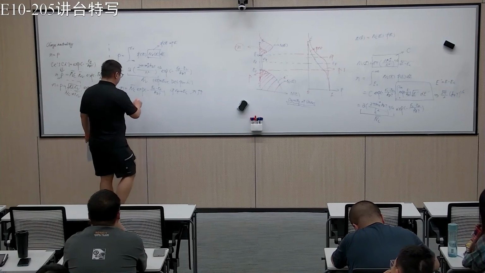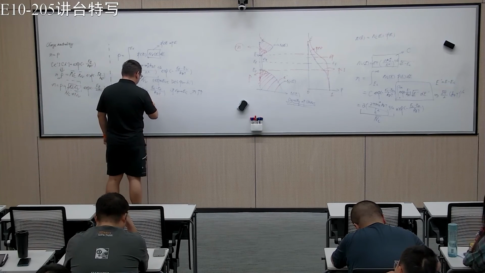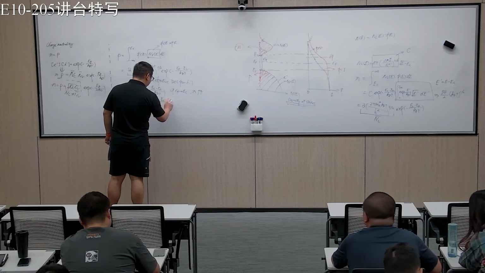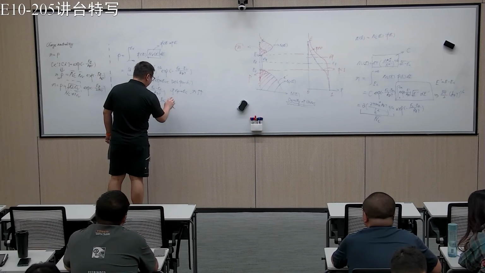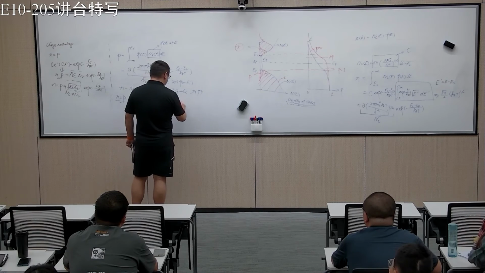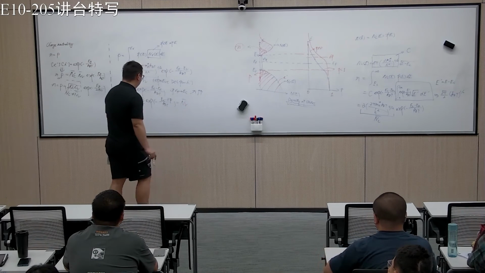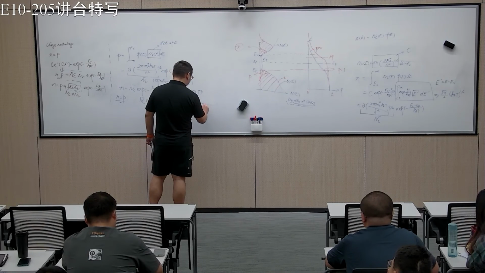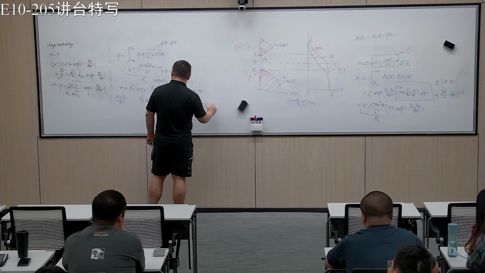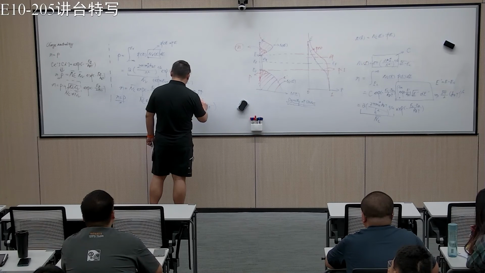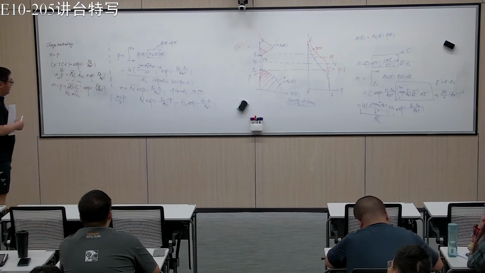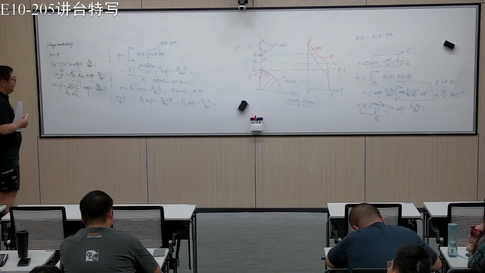So then what we have is N_C exponential minus (E_C minus E_F) over k_B T should be N_V exponential (E_F minus E_V) over k_B T. Okay, so then we can solve for it.